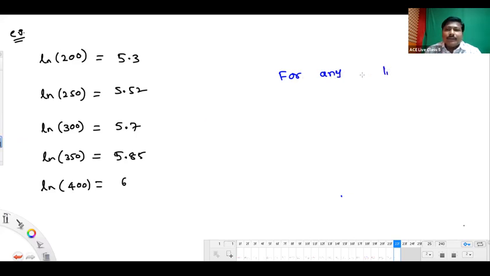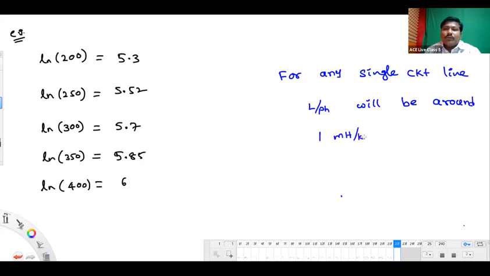Moreover, I'll write this one: for any single circuit transmission line, inductance per phase will be around 1 millihenry per kilometer to 1.2 millihenry per kilometer.